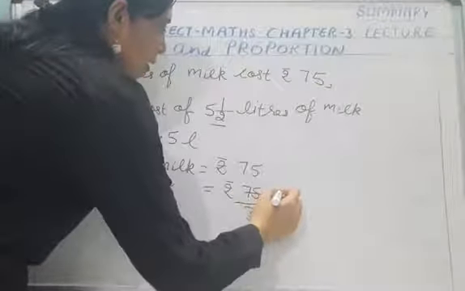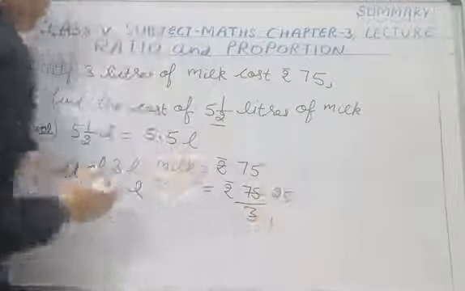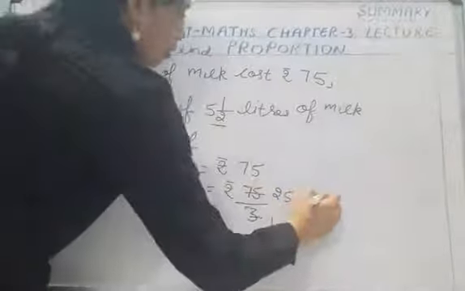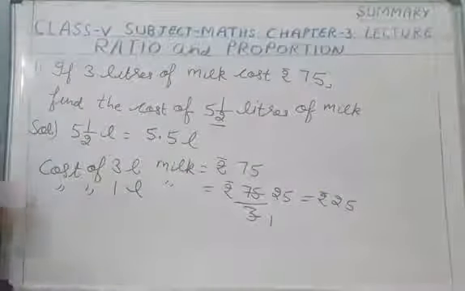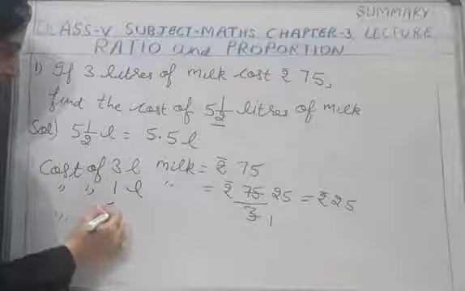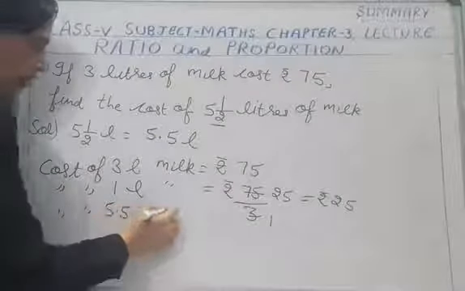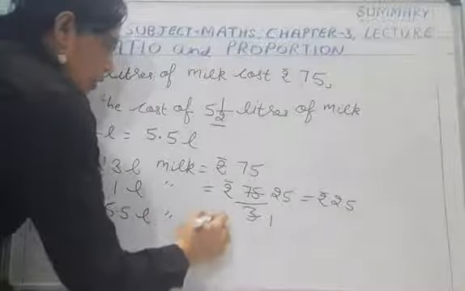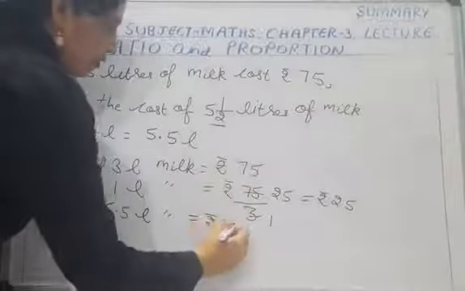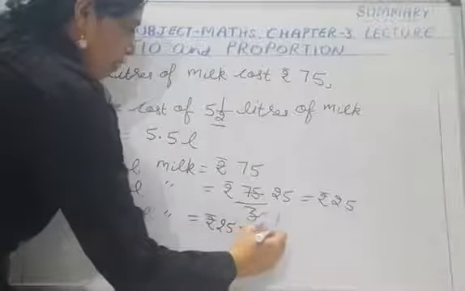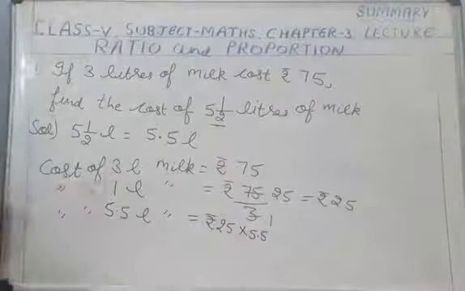3 1s are 3, 3 2s are 6, 3 5s are 15. So rupees 25 is the cost of 1 liter of milk. Now cost of 5.5 liters milk is equal to, this part is solved, don't consider this part now, rupees 25 multiplied by 5.5, right?